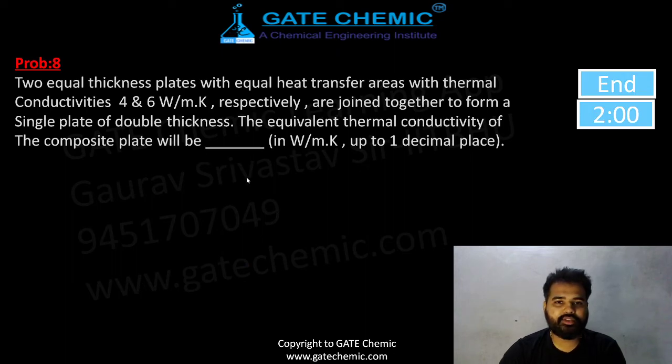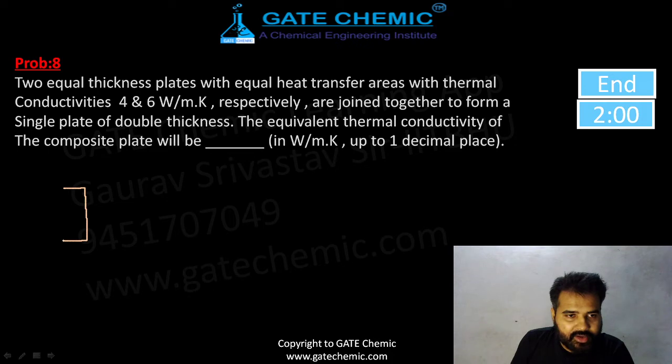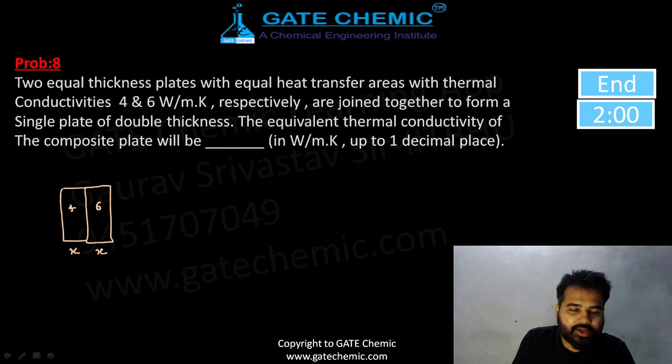It's a very, very easy problem. See, two equal thickness plates with equal heat transfer areas with thermal conductivity 4 and 6 watt per meter per Kelvin respectively. If this is my first plate and this is my second plate, both are of equal thickness x. The thermal conductivity of one is 4 and the other is 6, the K values K1 and K2.